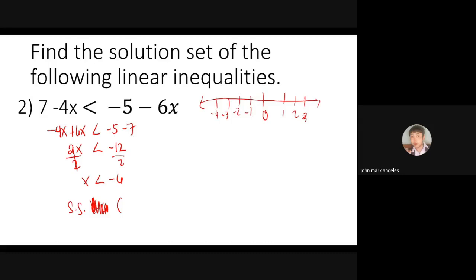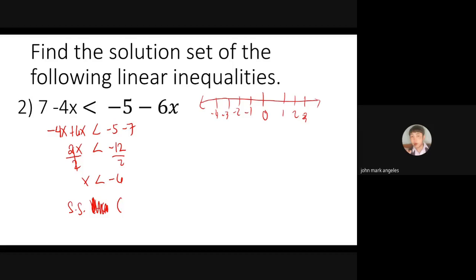But as you go far away, going to the left, the number is decreasing. In other words, kapag nasa right side ka, habang lumalayo ka ng lumalayo sa zero, lumalaki ng lumalaki ang value mo. Samantalang kapag nasa left side ka, habang papalayo ka ng papalayo sa zero, lumiliit ng lumiliit ang value ng number.